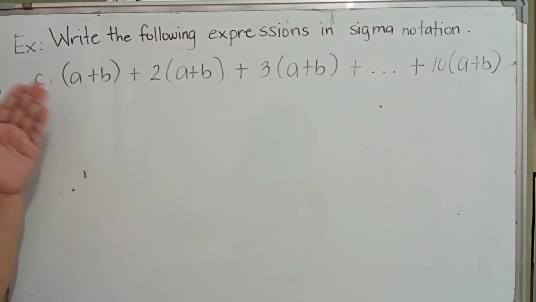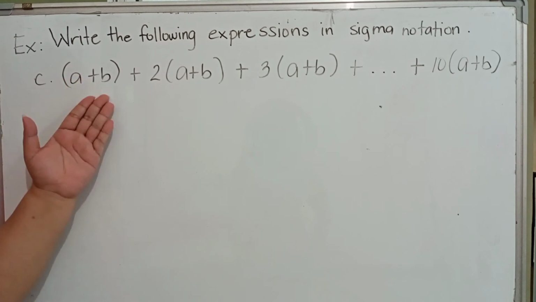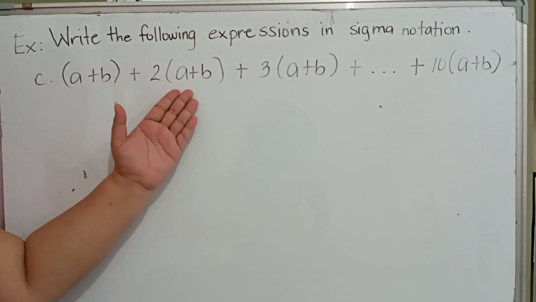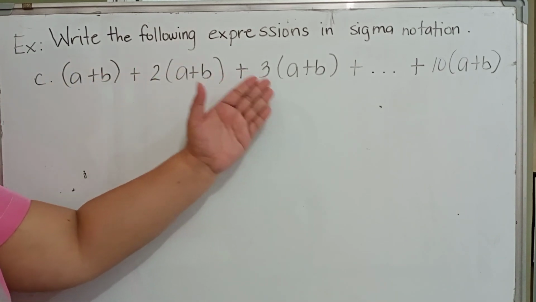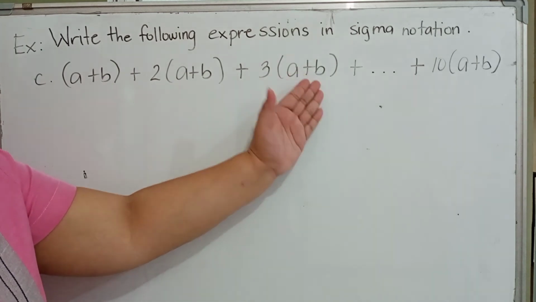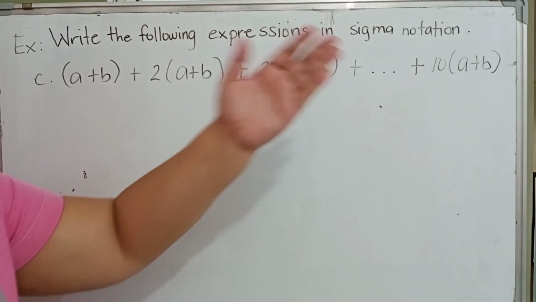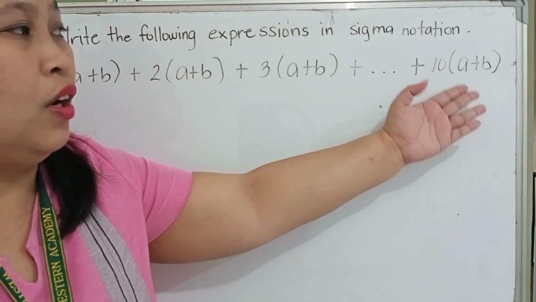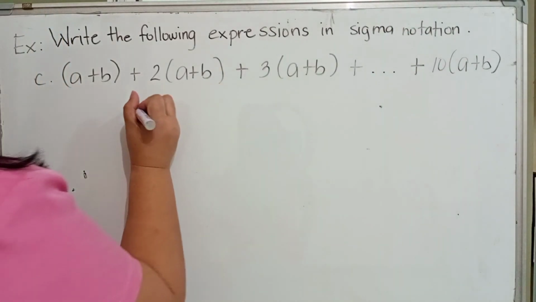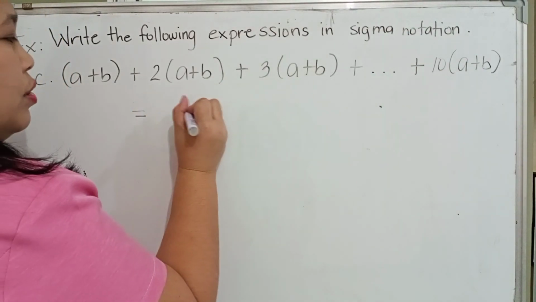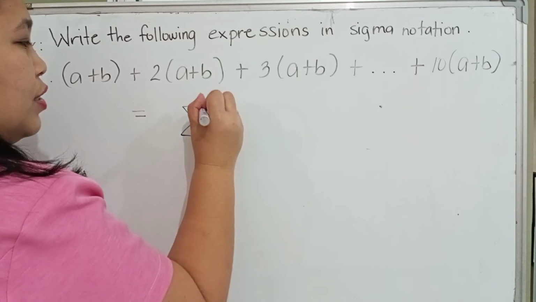Okay class, let us have another example. For example, your given is the quantity of a plus b plus 2 times the quantity of a plus b plus 3 times the quantity of a plus b plus ellipsis plus 10 times the quantity of a plus b. So if you're going to write this in sigma notation, again, please do write capital letter sigma.